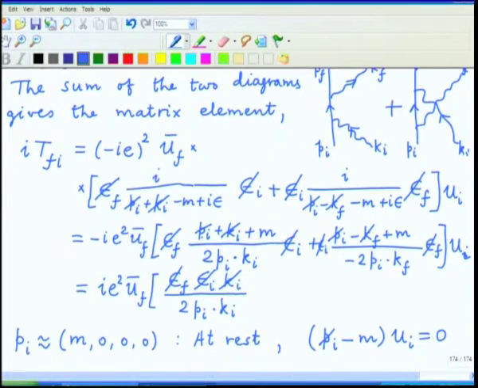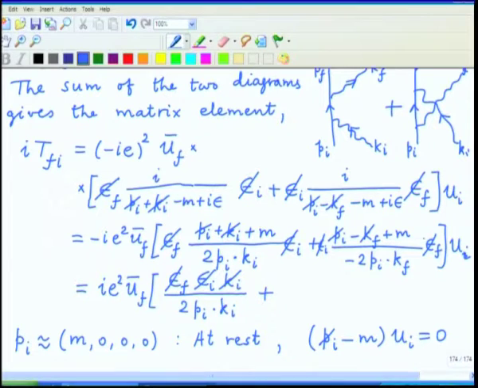So, the commuted part of p_i slash just cancels with m because of this wave equation satisfied by the initial electron wave function, and the only part which survives is then the k part, and which produces this particular object.